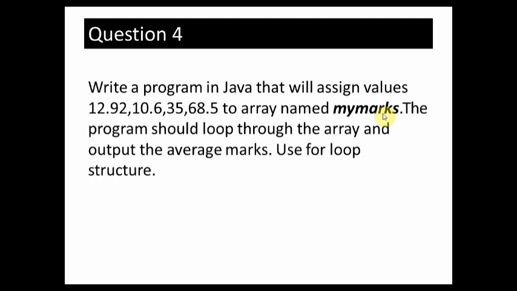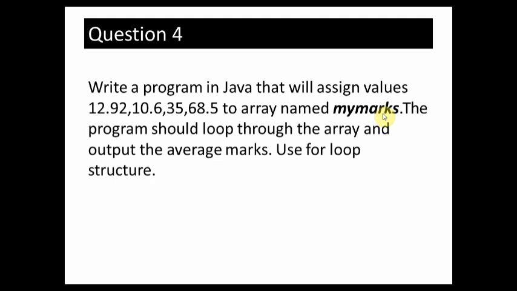So looking at this array, since we have 12.9, 10.6, 68.5, this tells us that we need to be dealing with double. Since we're in Java, we can work with doubles. So we need to declare an array called mymax, which should be double, and then assign or initialize those values to that particular array.